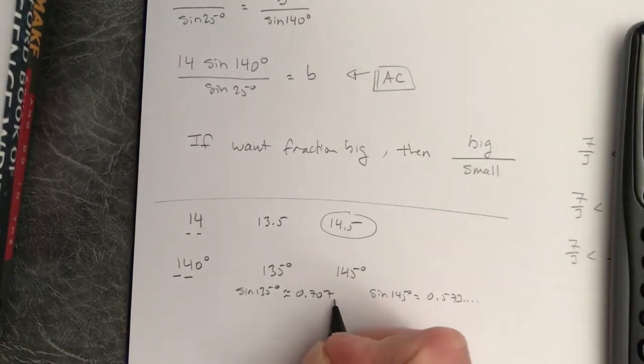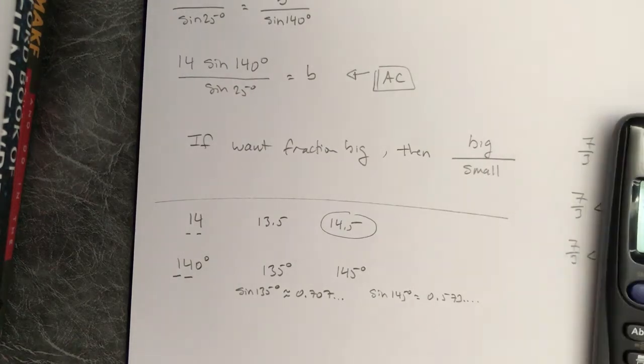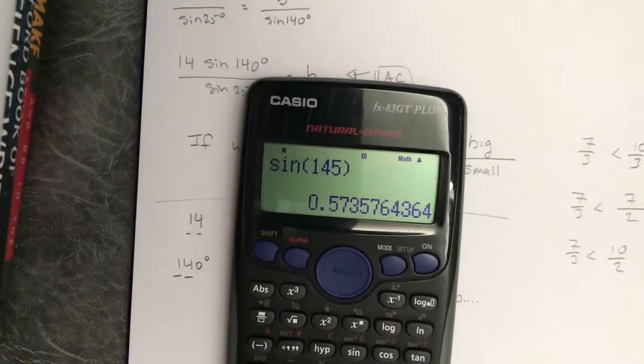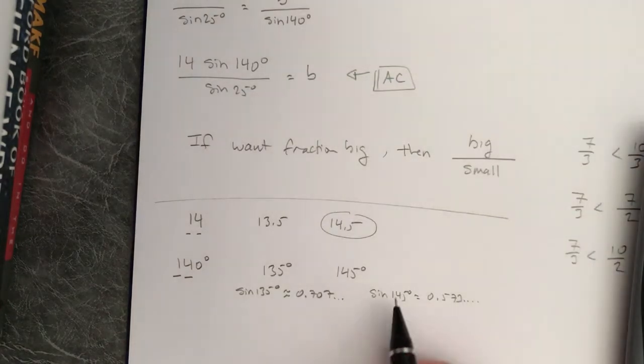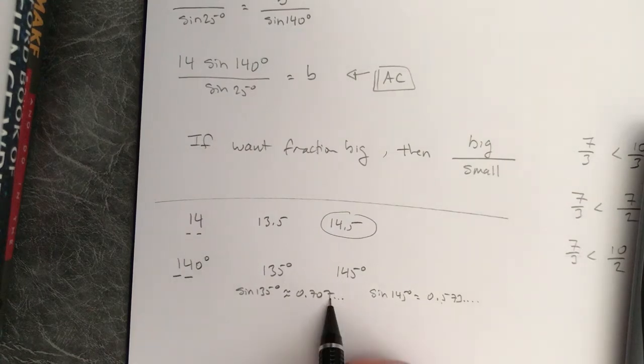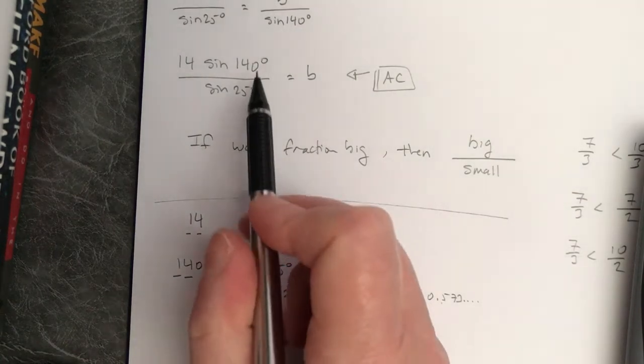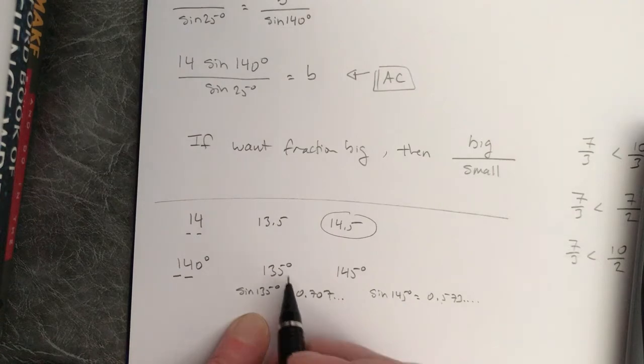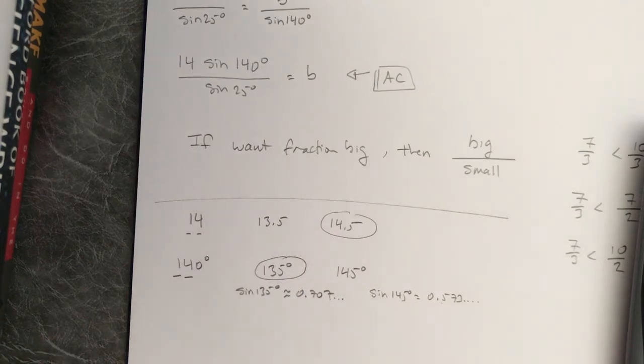Okay, so there it is on the calculator. So I can see that the sine of 145 is much smaller than the sine of 135, and that value was in my numerator, so I'll presume that the angle was 135 degrees, and we'll go with that.